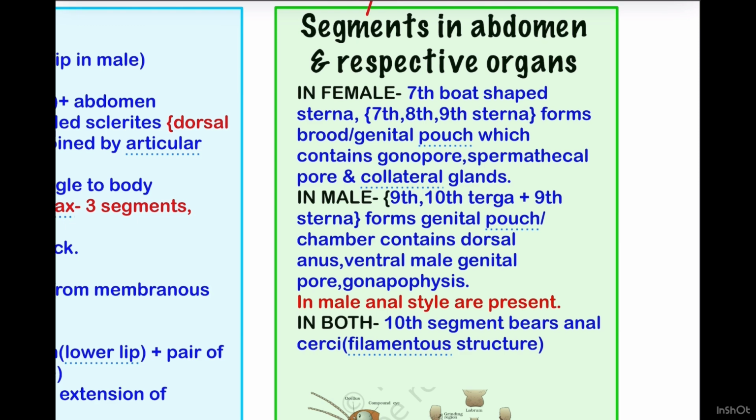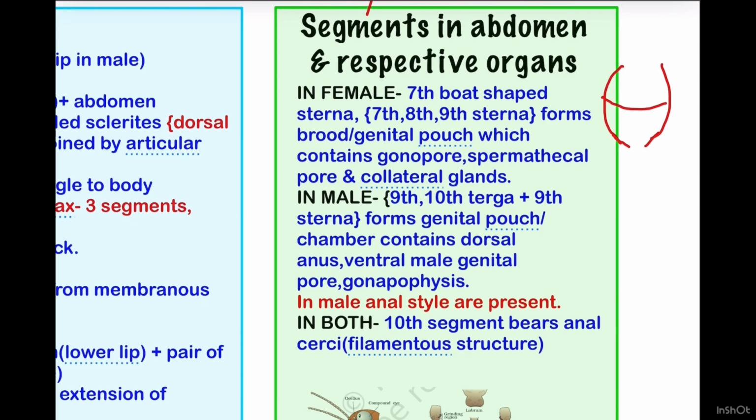When it comes to the segments in the abdomen, in the female, the 7th sternum is boat shaped, and then the 8th and 9th sterna together form a genital pouch. The genital pouch consists of the gonopore, spermathecal pore and collateral glands. The genital pouch has an anterior portion and a posterior portion.